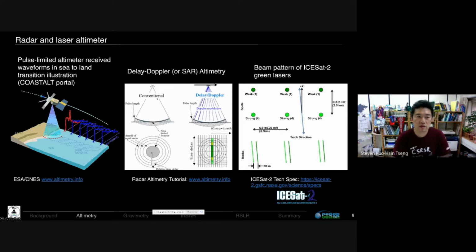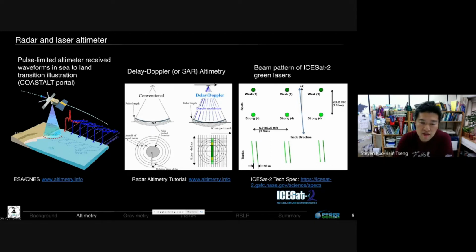This pulse-limited altimeter, as you can see in the middle, is symmetric. So basically, it's a dome shape of propagation of the signal. Once the signal hits the sea surface, the center of this circular footprint will be the first to touch the sea surface.